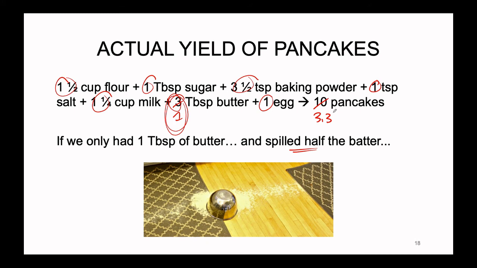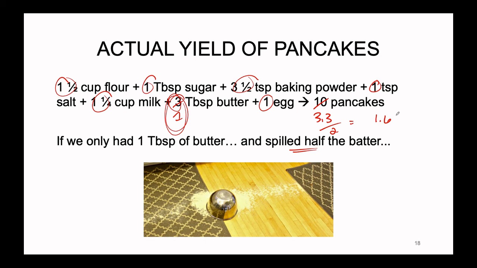So if in this situation you spill half the batter, at most you're going to be able to make, oh man, what is that? Like 1.3 divided by 2 is 1. It's going to be like, what, 1.6? We're just going to roll with it.